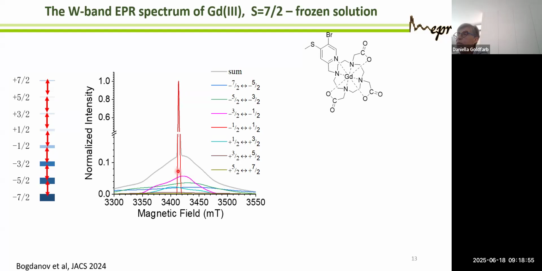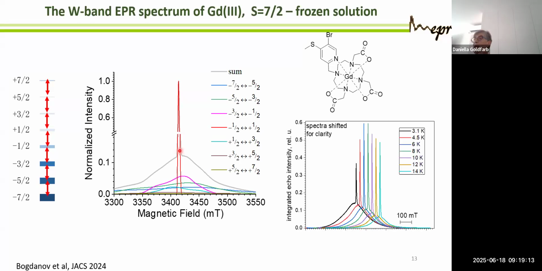The central transition does not depend on the zero field splitting to first order; it depends on it to second order. So if the ZFS is small and you work at high field, this is a very narrow line, it's very intense, and it doesn't have orientation selection. Then you see here the spectrum measured at different temperatures.